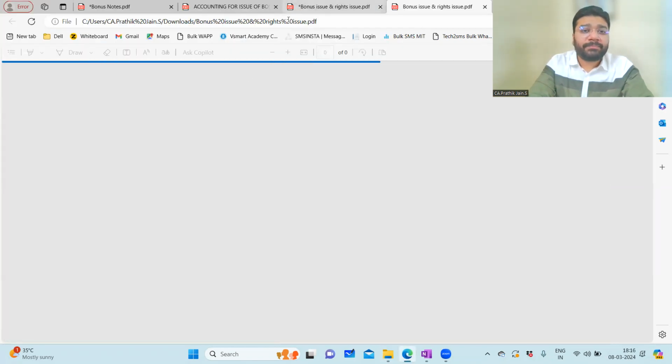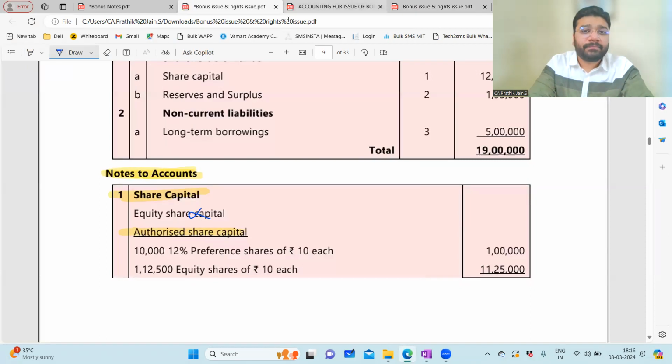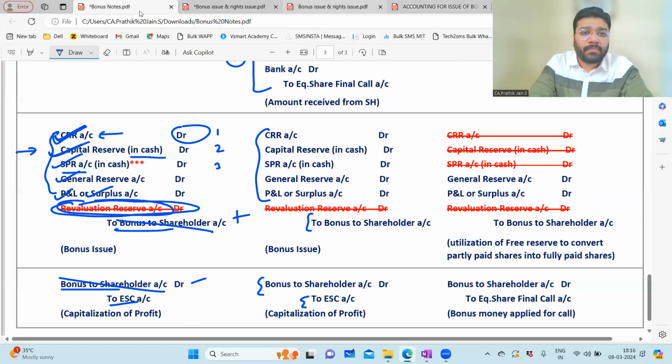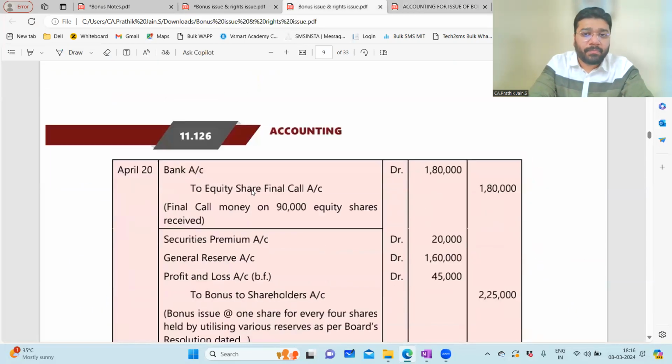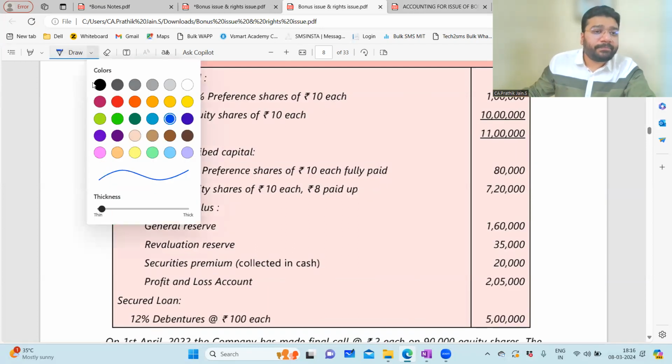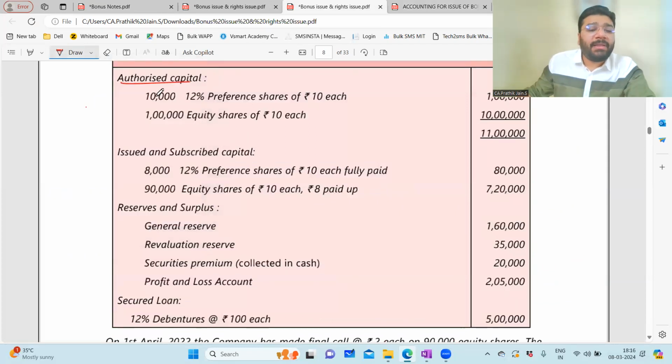Online people, no response. Authorized capital as given in the question for preference shares is 10,000.